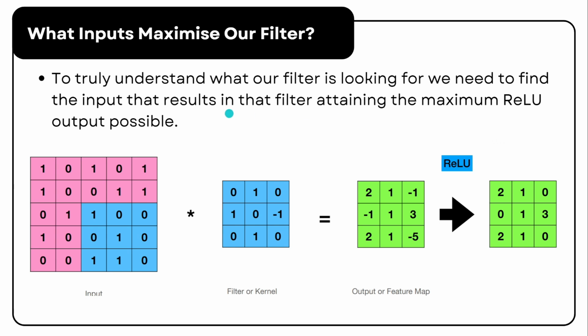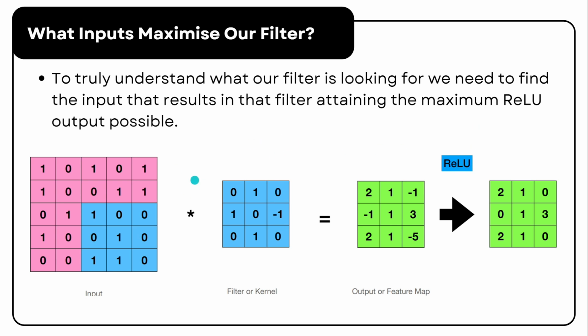As I mentioned earlier, what kind of input would maximize our filter? To truly understand what the filter is looking for, we want to find the specific input that produces the highest possible output from the filter after applying ReLU activation.